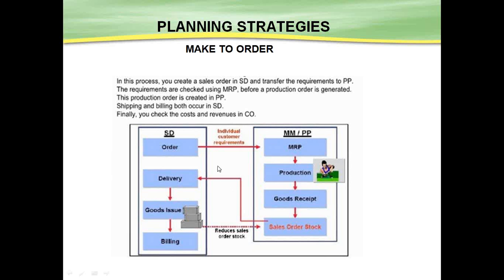See here in the SD part, the left side window, order received. After receiving the order, MRP, the material requirement planning, will be done: what quantity and what date I want the material. After that production will start, and goods receipt will be taken at your storage location.